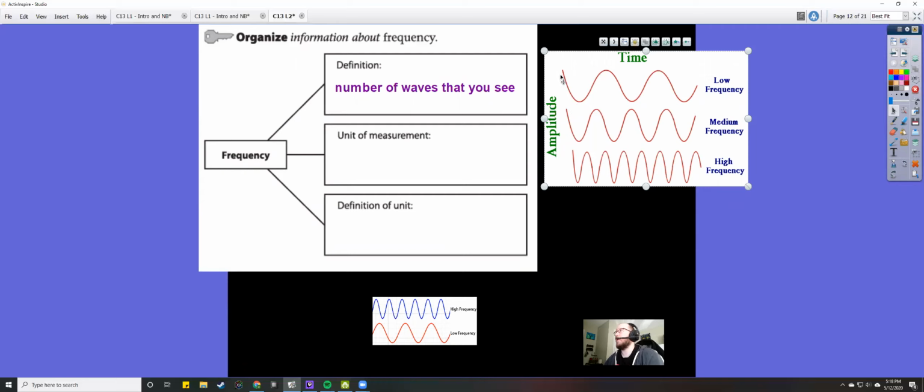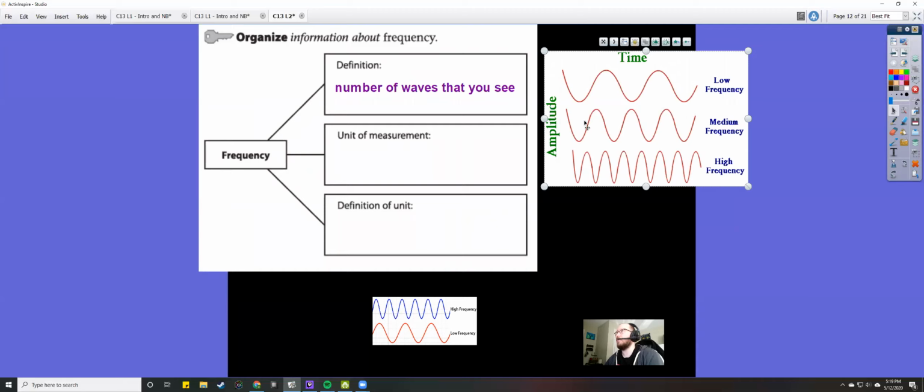If we look at this and count from crest to crest to crest, we have 1, 2, and then a half. So this is 2.5 waves that we're seeing. If we count this one, we have 1, 2, 3, and almost 4 here.